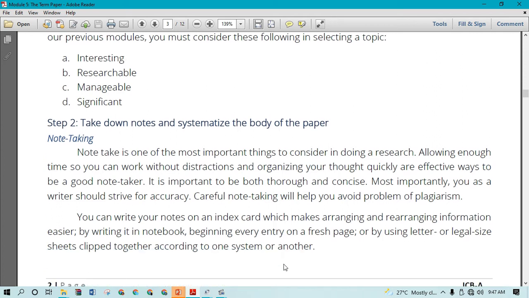Okay, so you can write your notes on an index card, which makes arranging and rearranging information easier. You can also write it in a notebook, beginning every entry on a fresh page, or by using letter or legal size sheets clipped together according to one system or another.